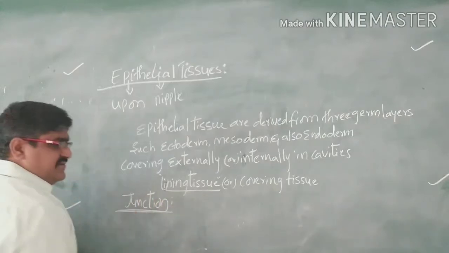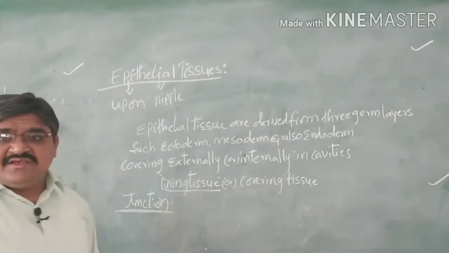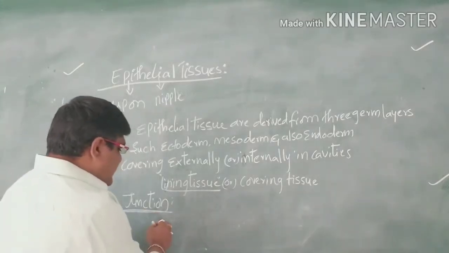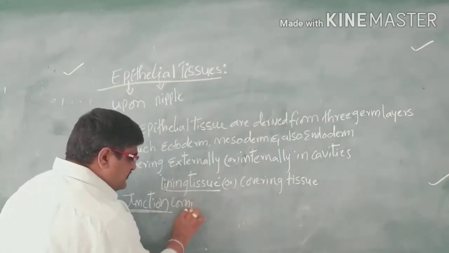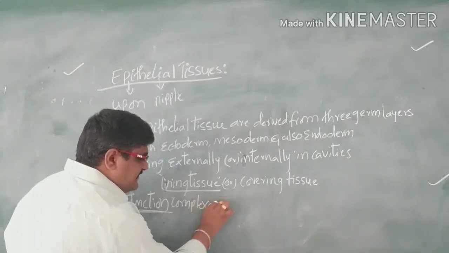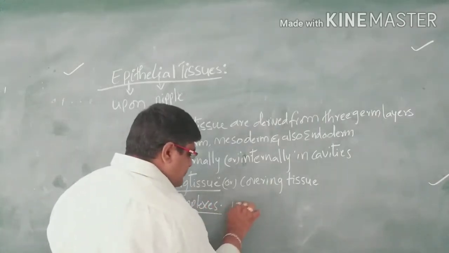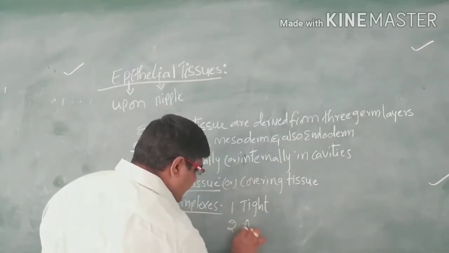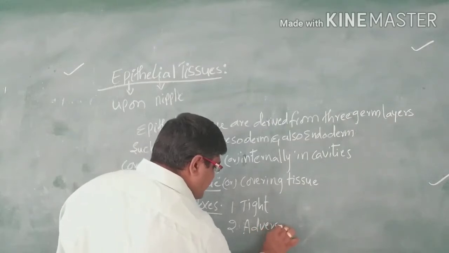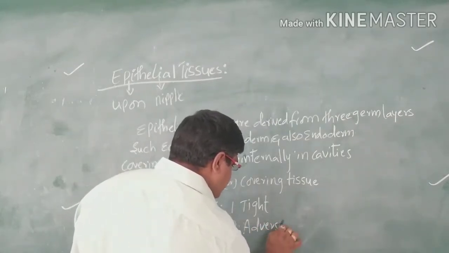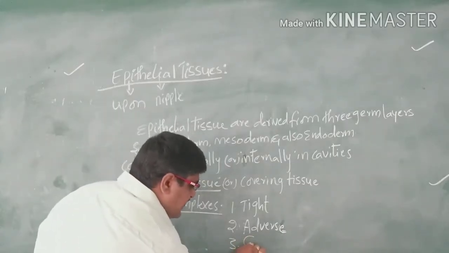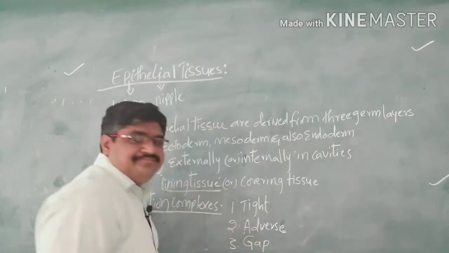These are the specialized junction complexes: first tight junctions, second adhesive junctions, and third gap junctions.